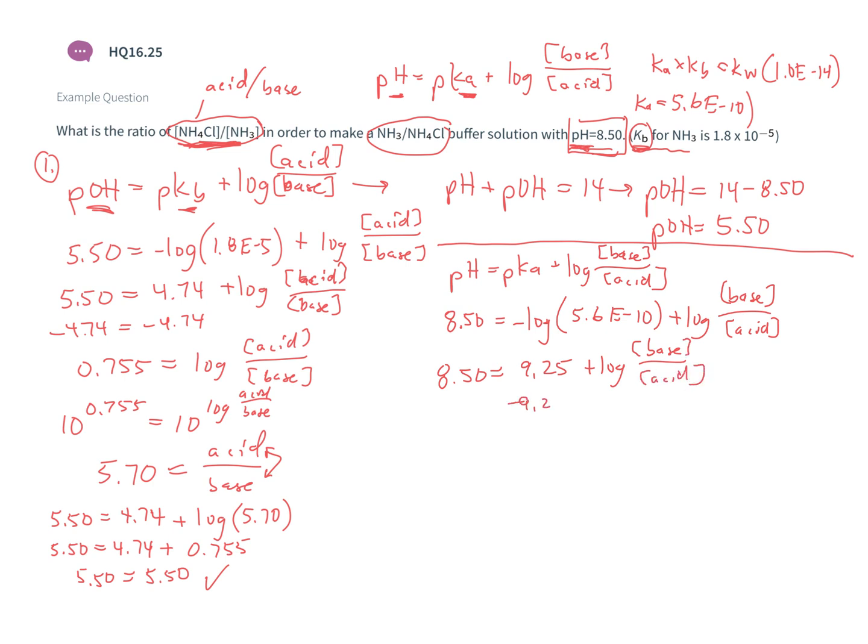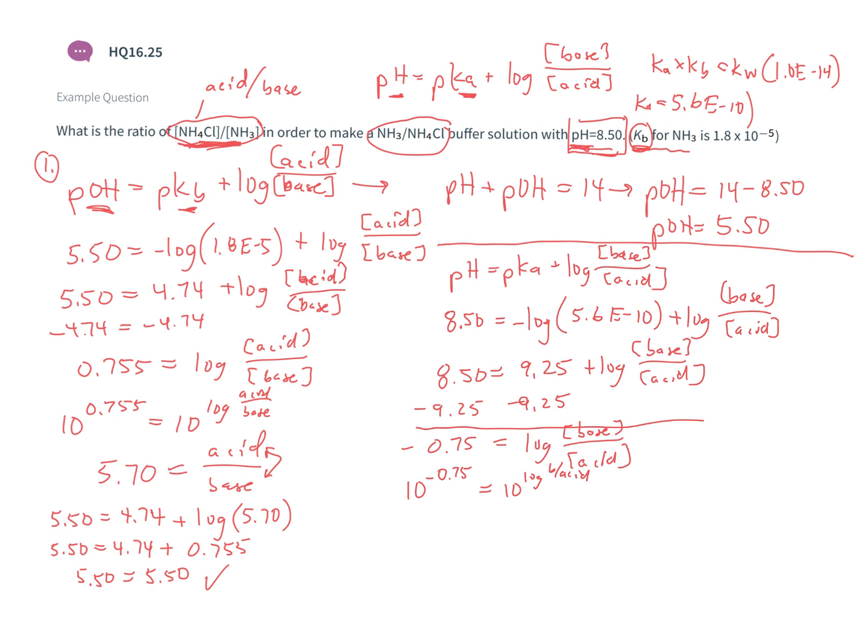Again, I'm going to subtract that across, and I get a negative 0.75 equals the log of my base over my acid concentration. Again, to get rid of the log function, I'm going to raise both sides to that value. So 10 to the negative 0.75 equals 10 to the log of base over acid.